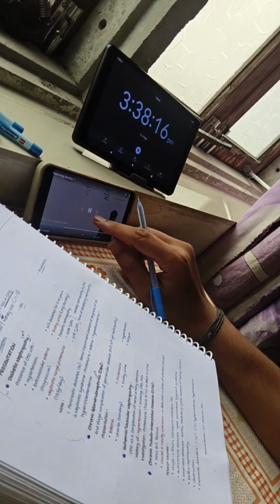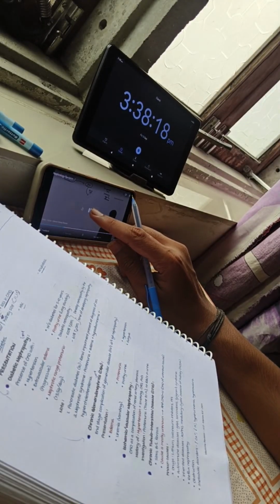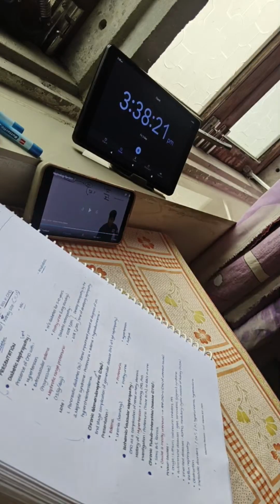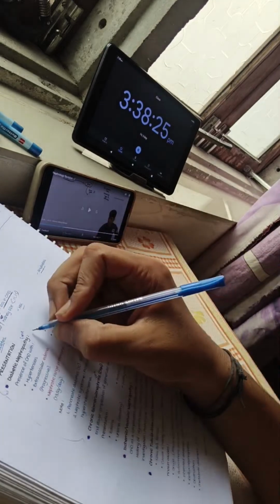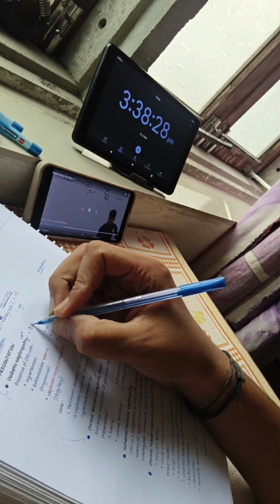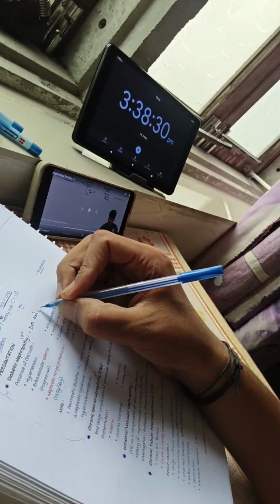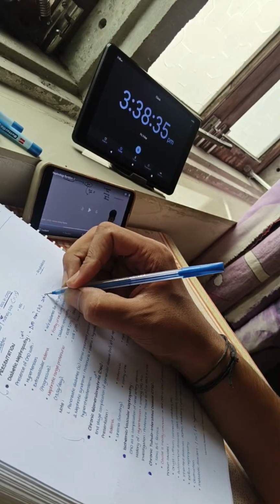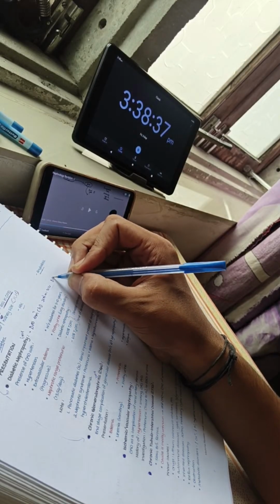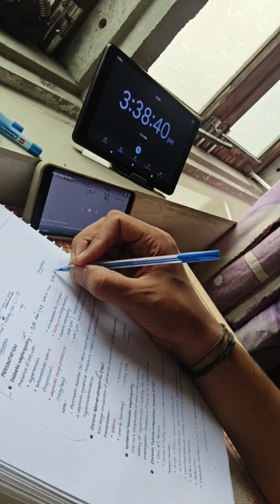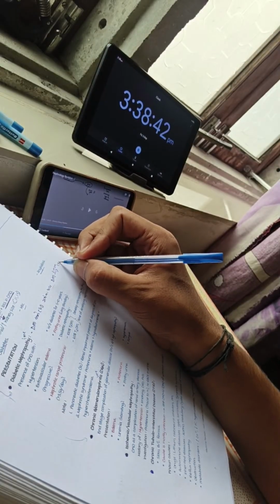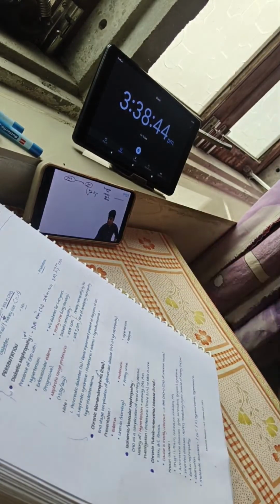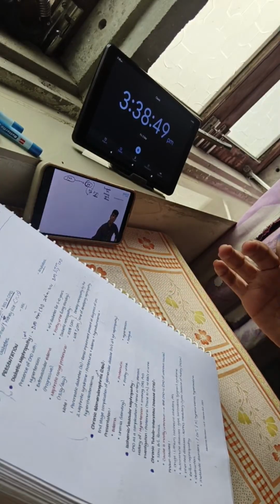Otherwise, every time there will be a time span, generally 5 to 10 years, which is what is expected in the question paper also.